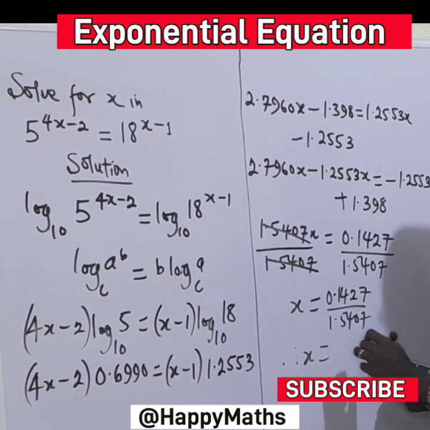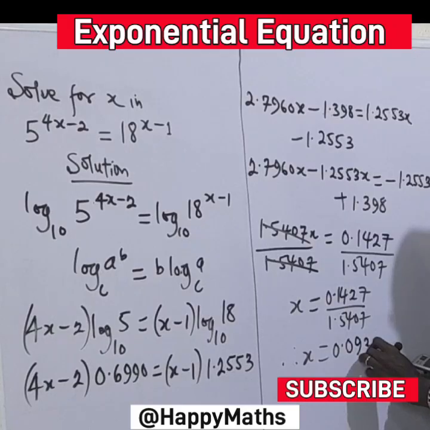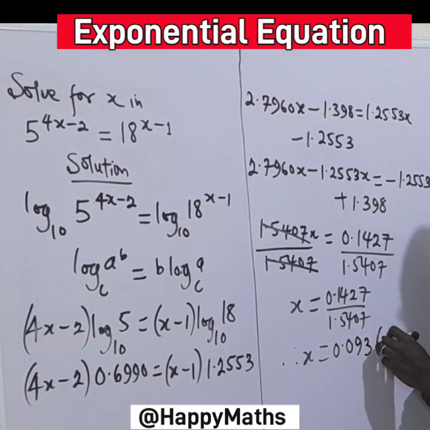Therefore, s is equal to 0.1427 divided by 1.5407. That will give us 0.093 to 3 decimal places. That's the final answer.